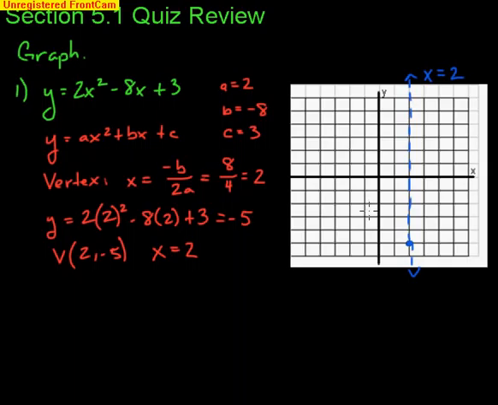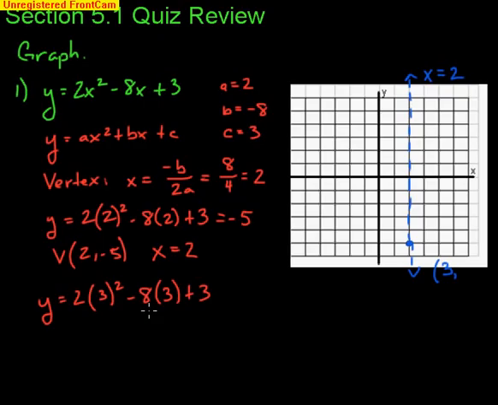And now I need the right and left sides. So remember, here's where we pick a point. We're going to pick an x to the right of 2. That would be 3. We're going to plug 3 into our equation. y equals 2 times 3 squared minus 8 times 3 plus 3.